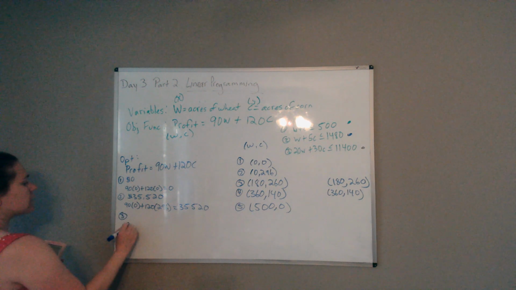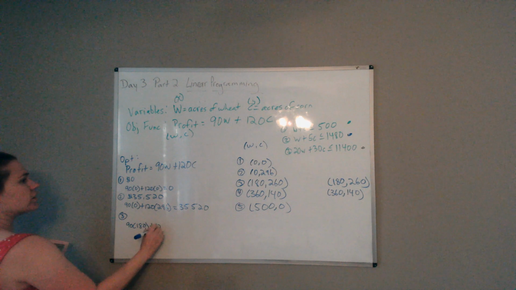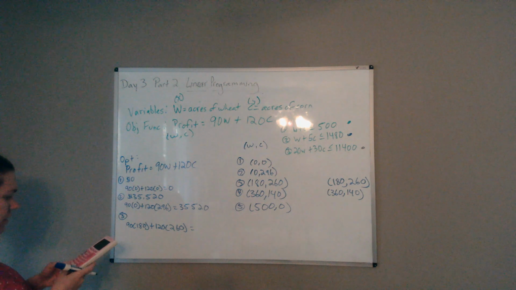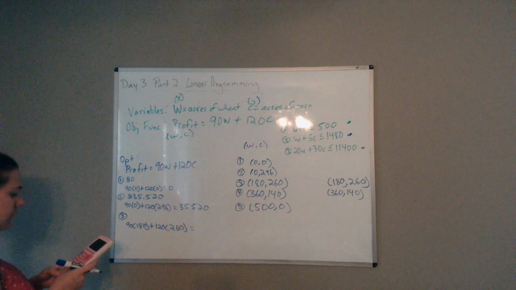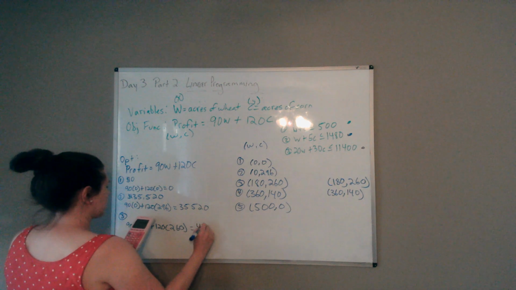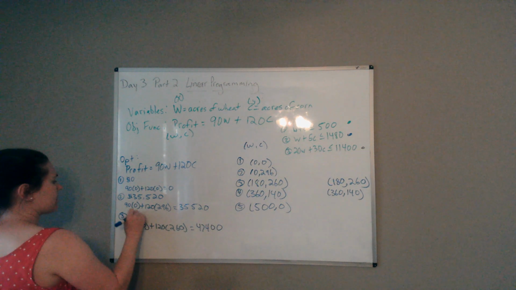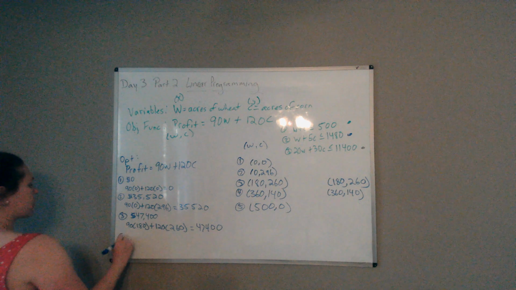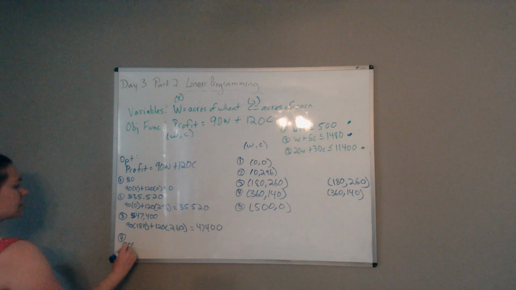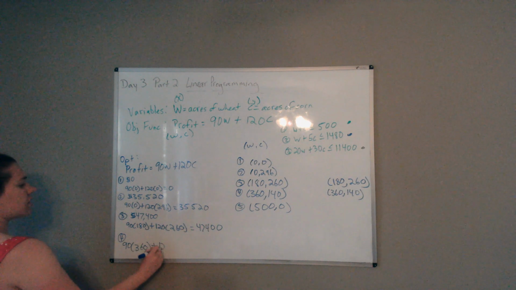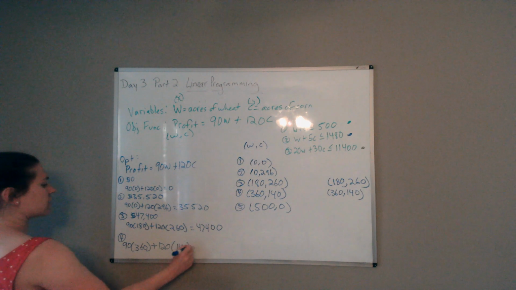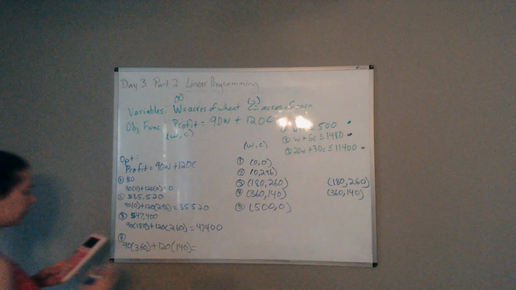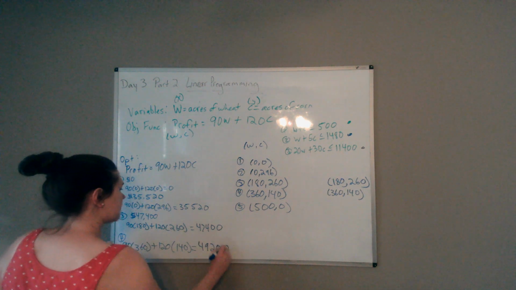Number 3, 90 times 180 plus 120 times 260. That's going to give us $47,400. Corner point 4, that's going to be 90 times 360 plus 120 times 140. $49,200.